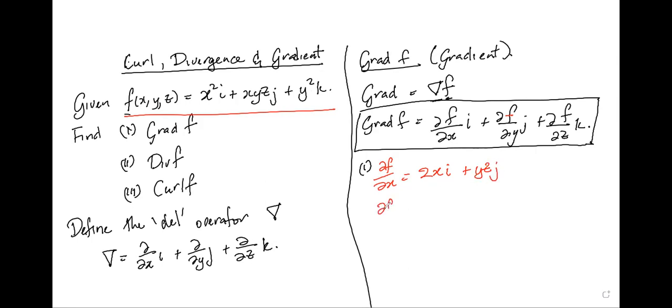What about the derivative with respect to y? There's no y in x squared, so that would be 0.